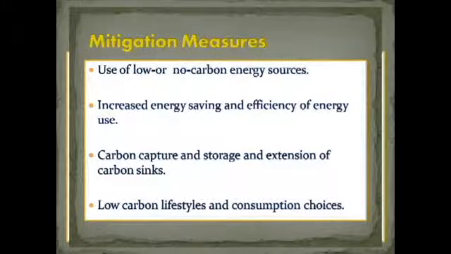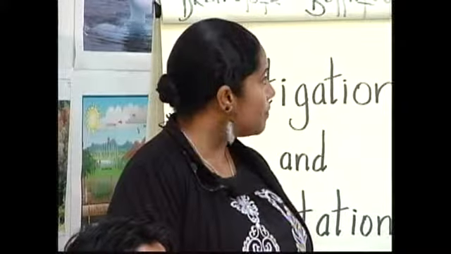Adaptation are actions to help people better manage the effects on society and the environment. Okay, so they're actions that help people to manage the effects on society and the environment. Would these countries who have to adapt be wealthy, Yadira? They are the more poor countries because they're the ones that are experiencing the effects of climate change.